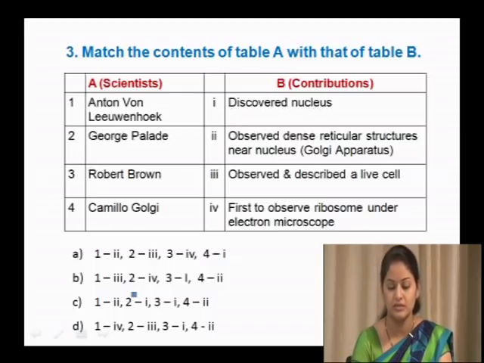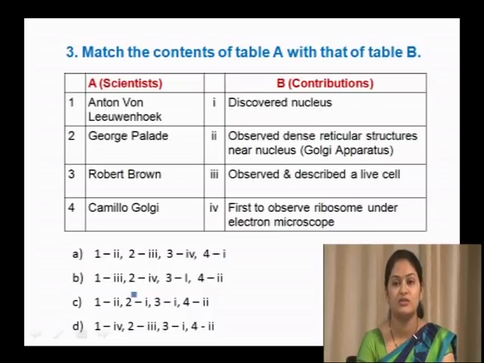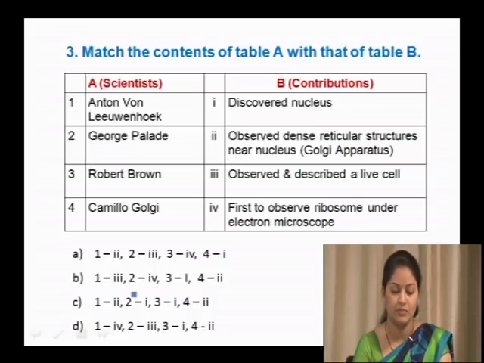For that reason, ribosomes are also referred to as Palade particles. Third one, Robert Brown. We all know that he is the discoverer of nucleus. And fourth one, Camillo Golgi, as his name indicates, is the one to observe the Golgi apparatus. So the answer which goes right here is option B.